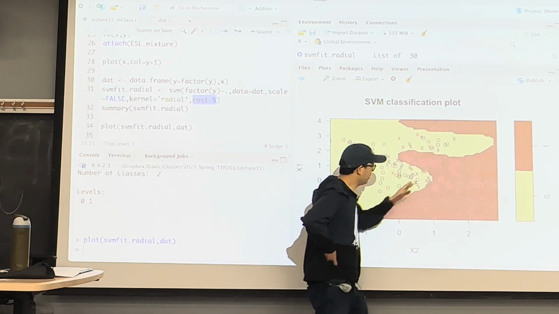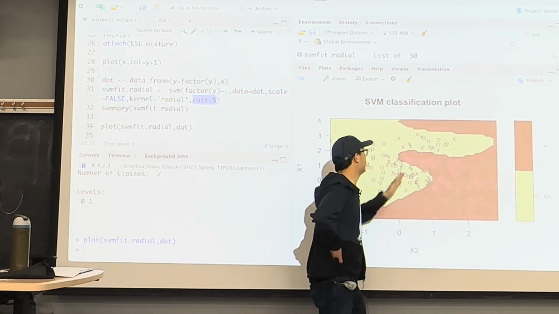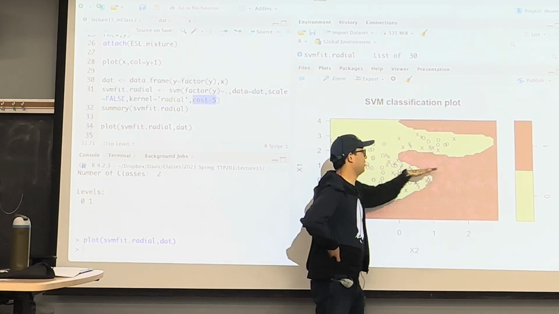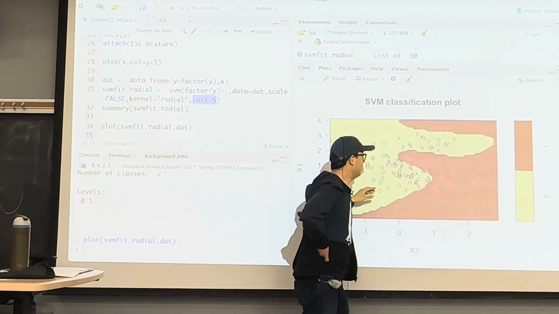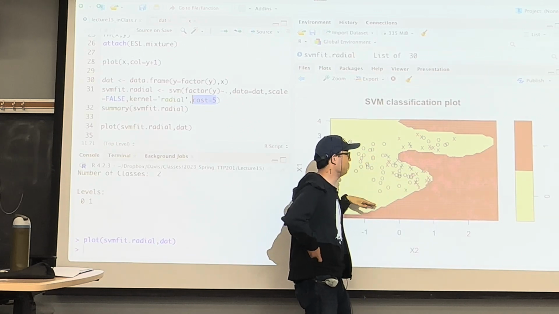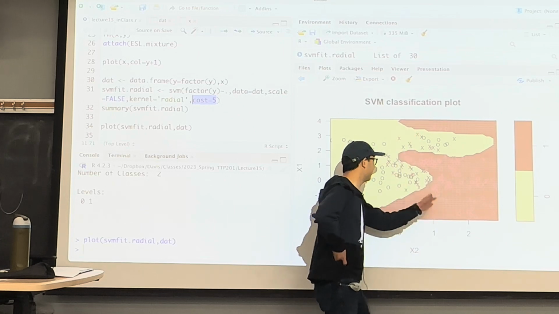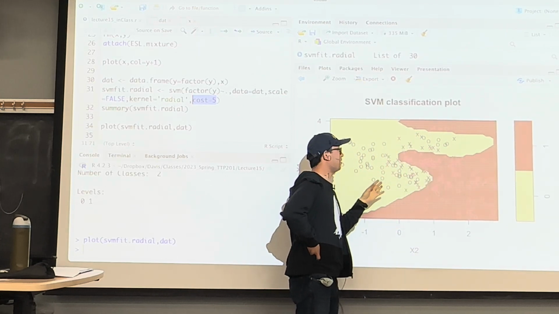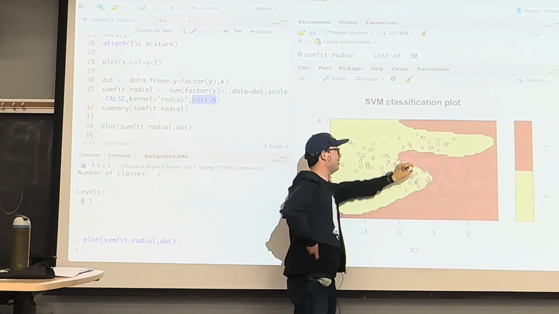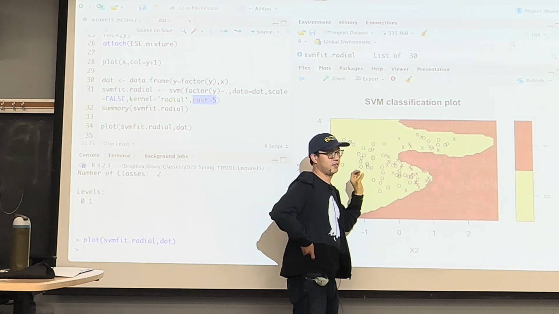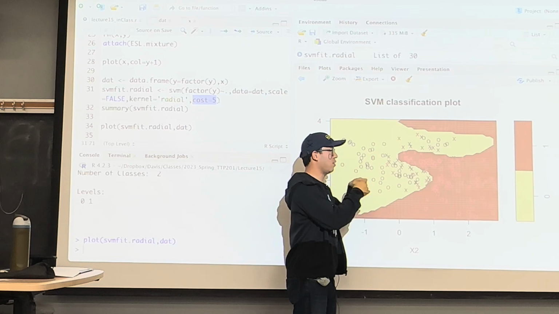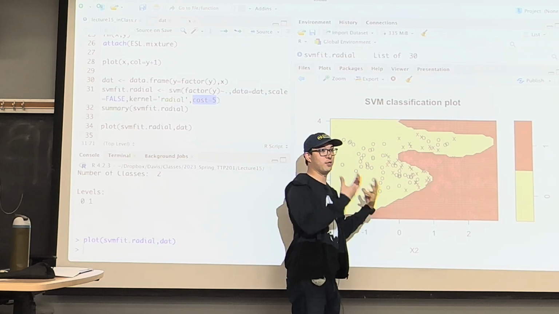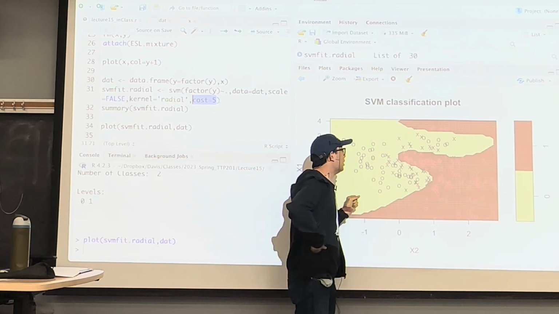Here's one hyperplane, here's another, here's a third, and then if we do nonlinear kernels, here's one hyperplane, here's another, here's another. The hyperplanes are defined by some group of points here. You draw support vectors to build that hyperplane.